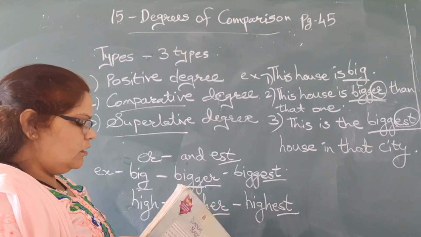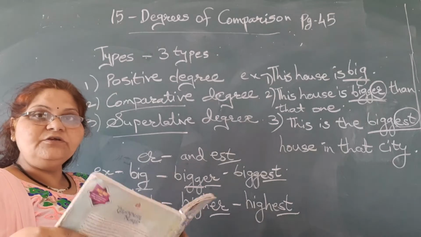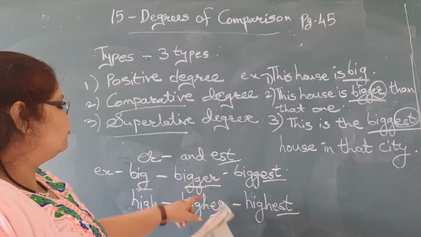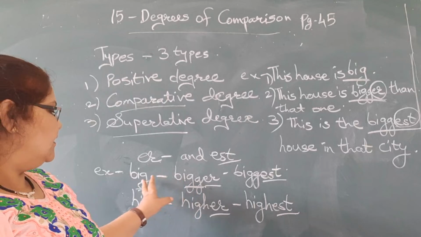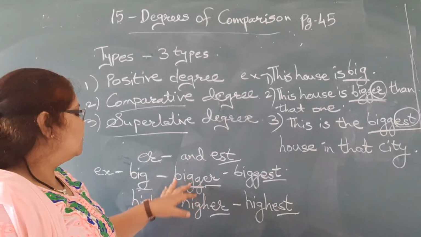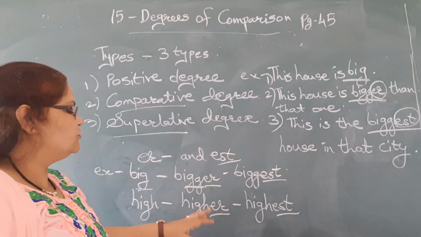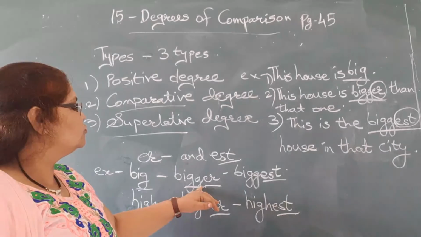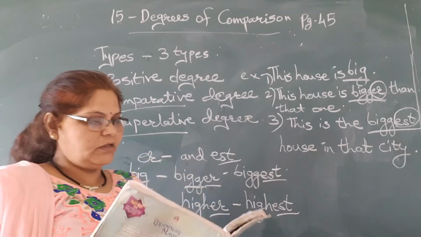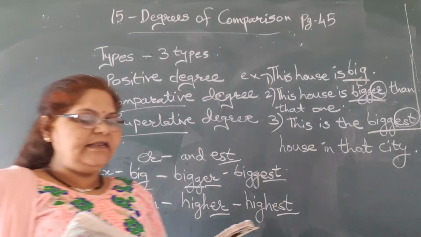So the last consonant we make double and add ER at the end. In some cases we have to write like this. Here in high we have not written double H because it's not a consonant. So for some consonants we use it as double. Big, bigger, biggest.